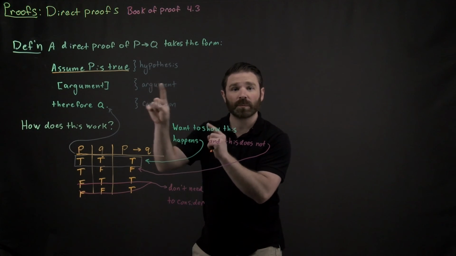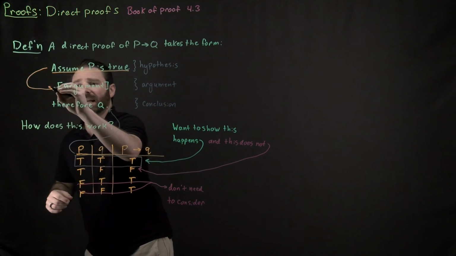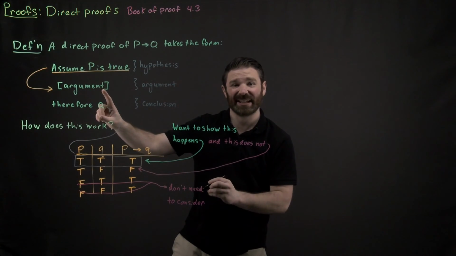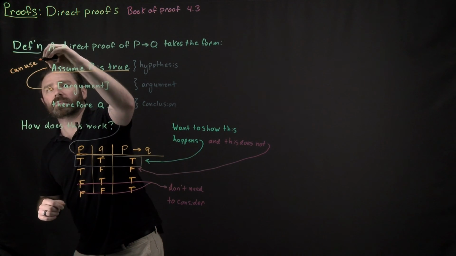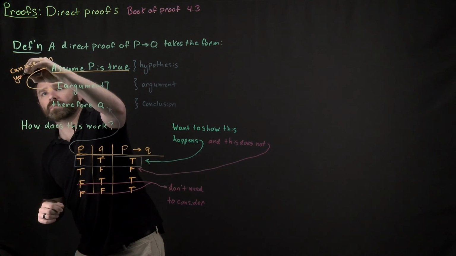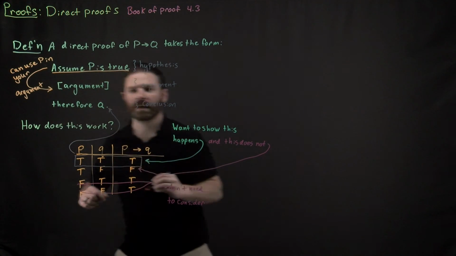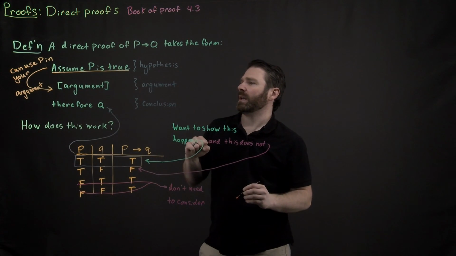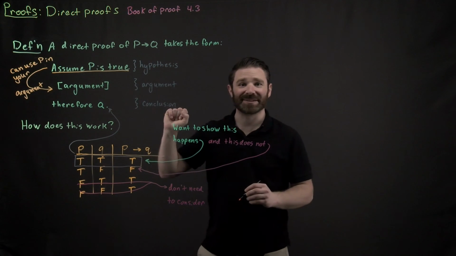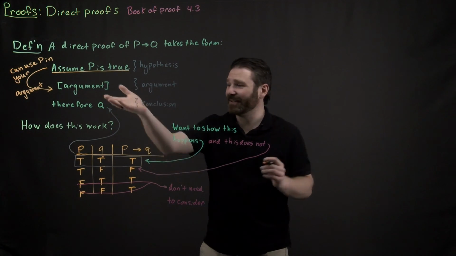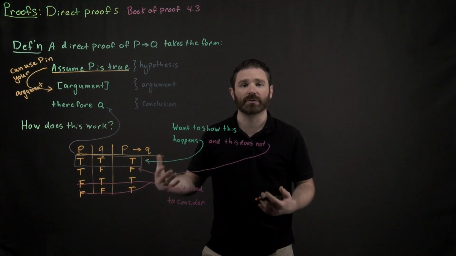Because if you assume P is true, what that means is that you can actually use it in your argument. And that's why it's such a powerful proof technique, because it allows you to assume that P is true, and then you can use it in your argument to show that Q is true. And that's the power behind a direct proof.